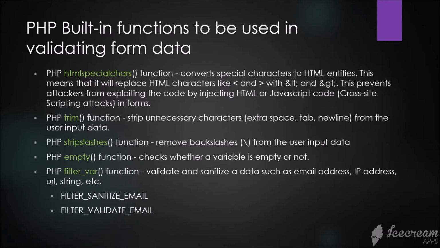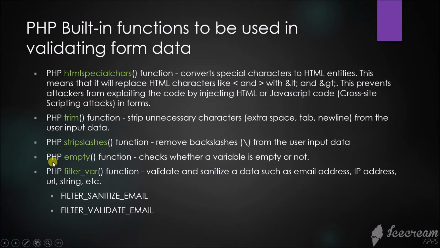Then we have the filter_var function, which will validate and sanitize data such as email address, IP address, URL, string, etc. We're going to use its filter option for sanitizing and also validating the email, such as checking whether there is an at symbol and a dot symbol. So here we have these three functions. These will be our common functions that we will use for all the user input.